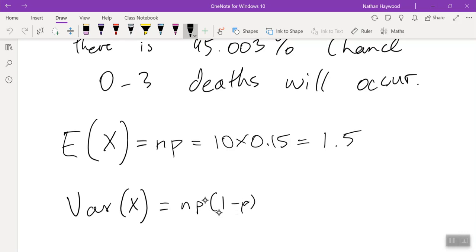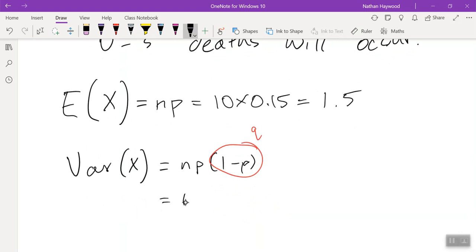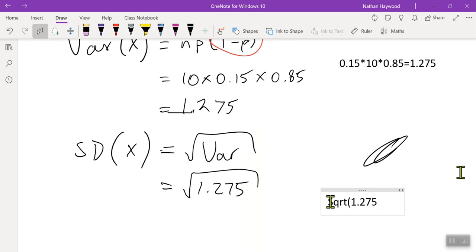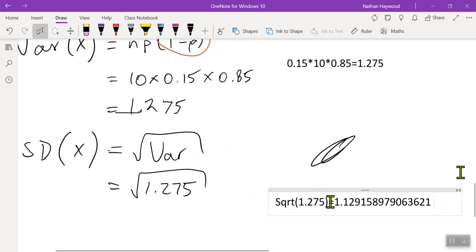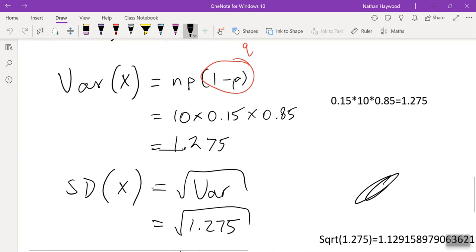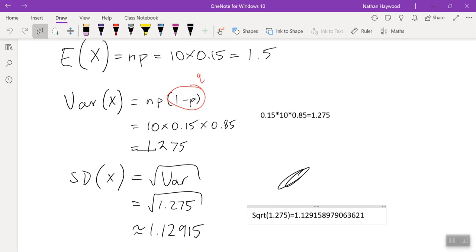So there are 10 trials, and success is 15% times 85%. Standard deviation is the square root of that answer. Calculator. So it has a measure of spread of 1.12915. So that's pretty much a summary of what we've been doing the last 2 weeks.